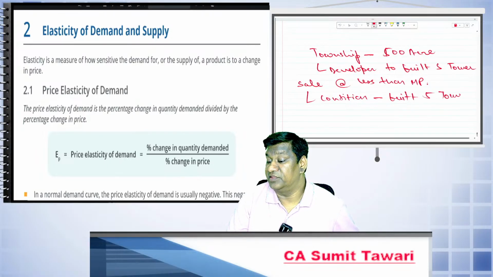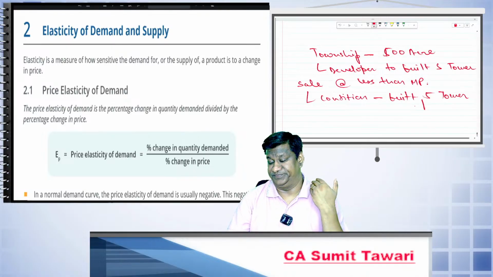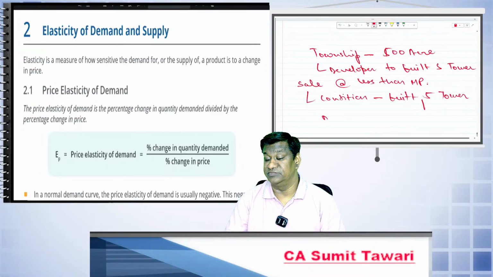But the demand for these towers is more, because everybody is ready to buy at lesser market prices. The demand for low-priced towers is very high.